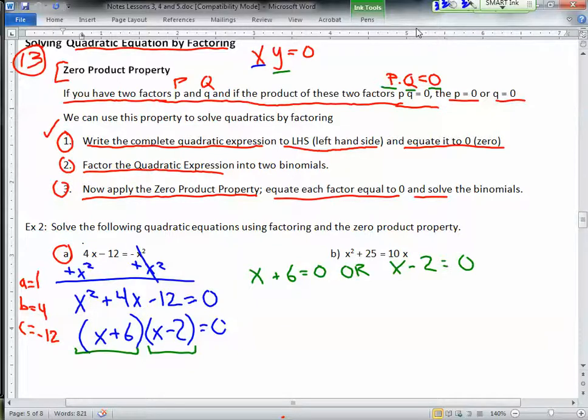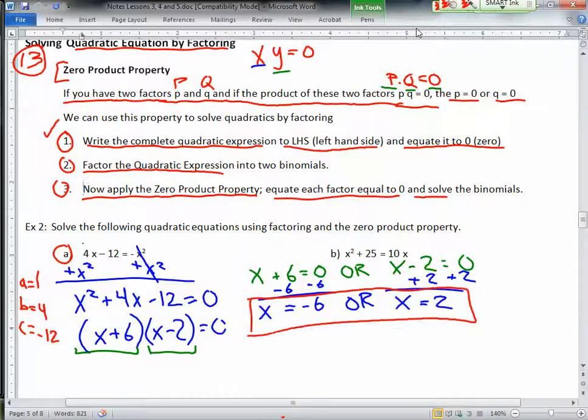Now I'm just going to solve these. These are really simple. I can subtract 6 from both sides right here and say x equals negative 6. Or I can add 2 to both sides right here and say x equals positive 2. And these are solutions to that equation.